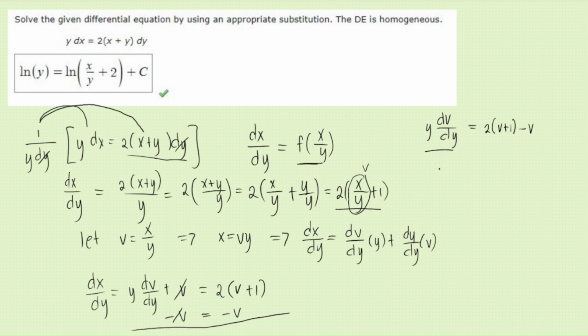So we now have y dv over dy is equal to 2v, distribute, plus 2 minus v. It's just 2v minus v, which is just v. So we have v plus 2. So y dv over dy is equal to v plus 2.